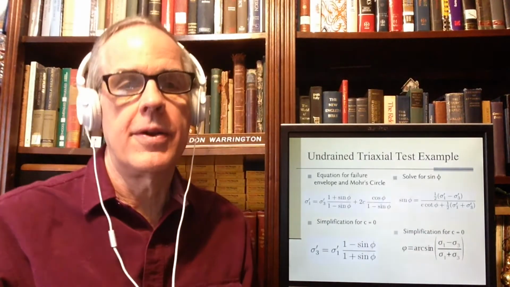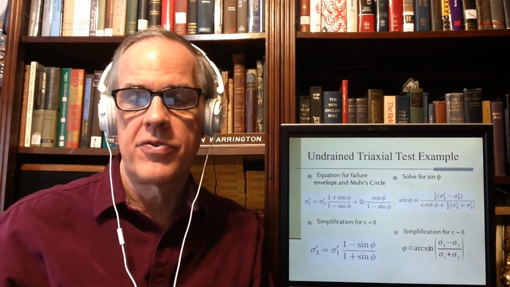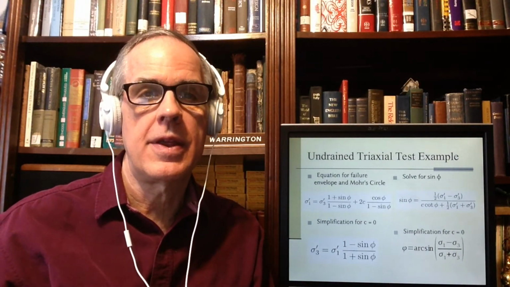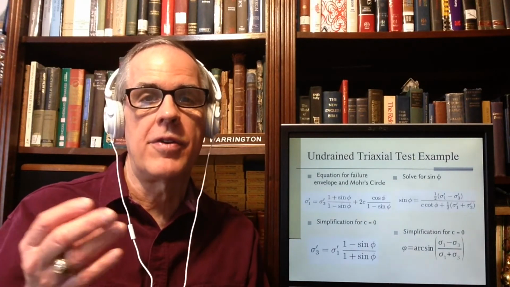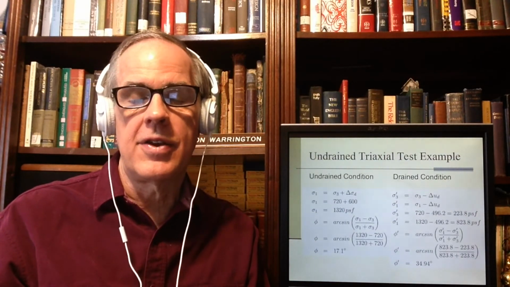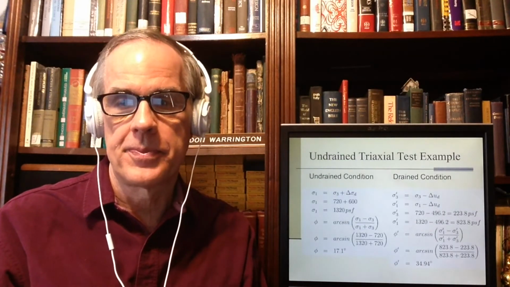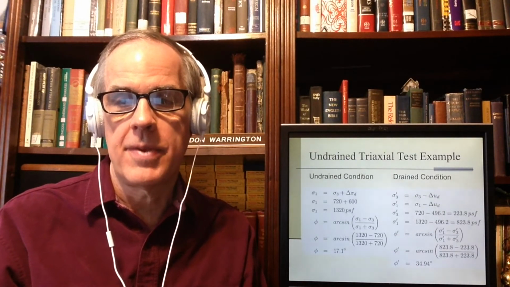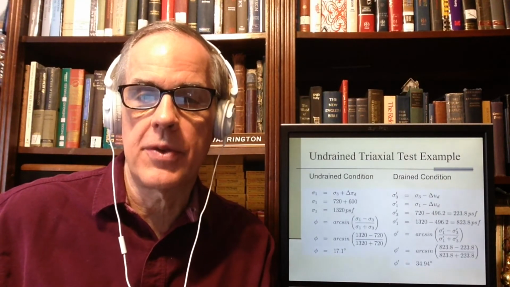So with that in mind, I can solve for phi strictly if I know the confining stress and I know the failure stress. Now, for the undrained condition, I just take the data I have. It just means that sigma 1 is equal to sigma 3 plus the deviator stress.